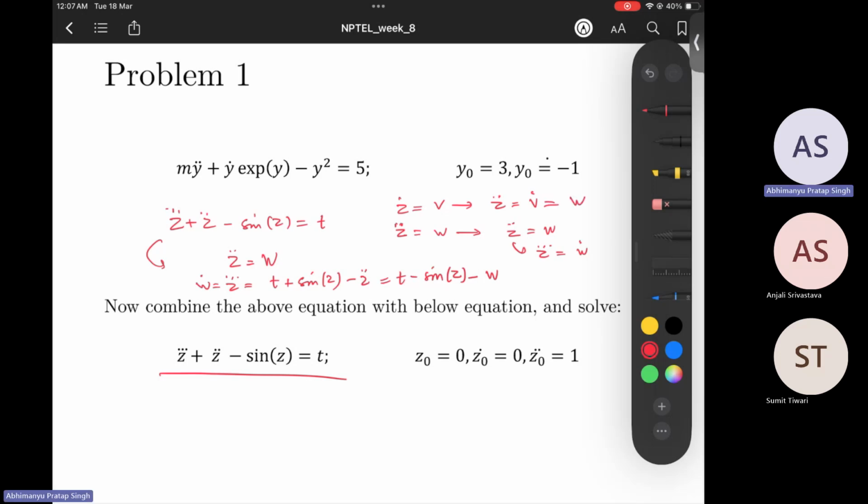And that would become my w. So this is one equation, and this is one equation.